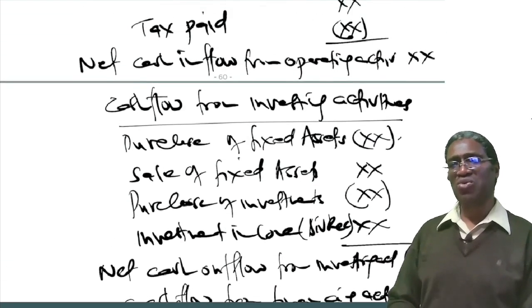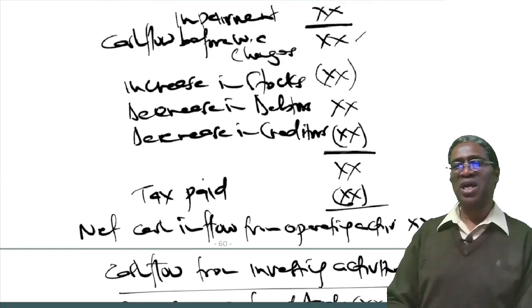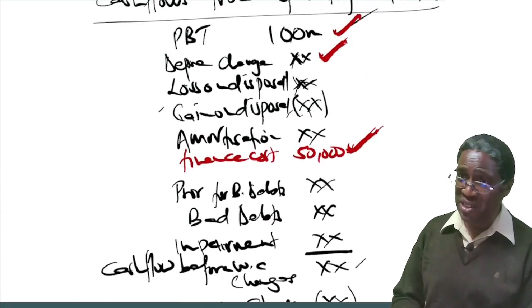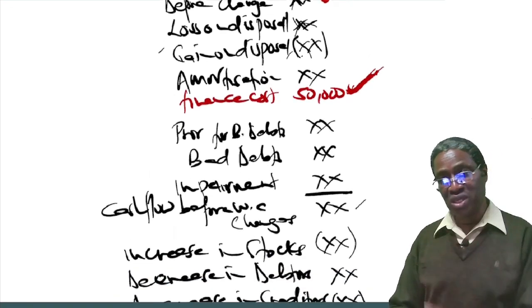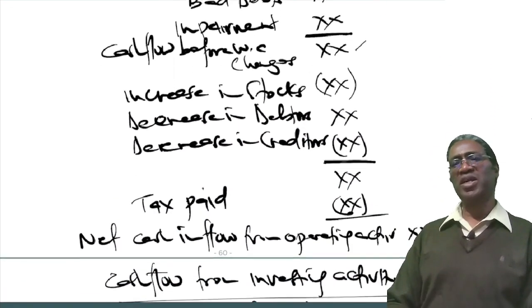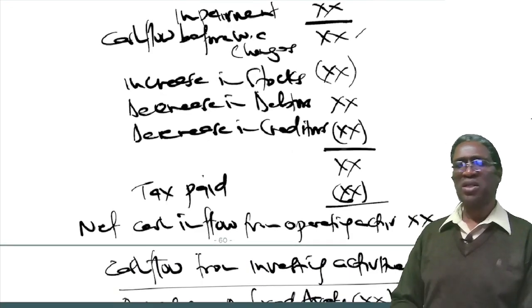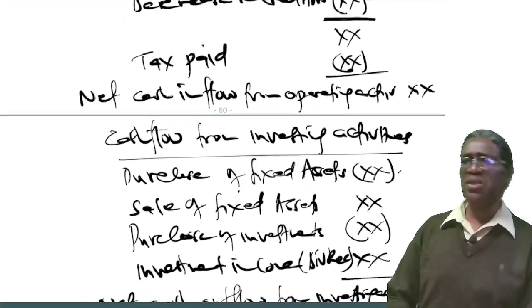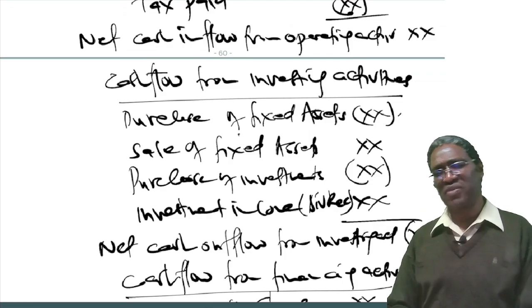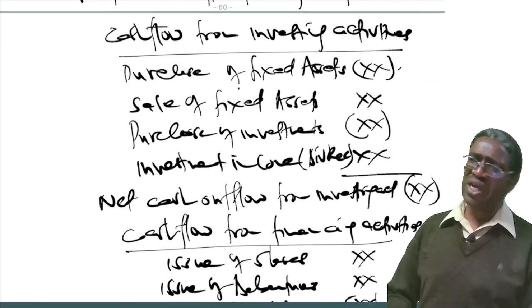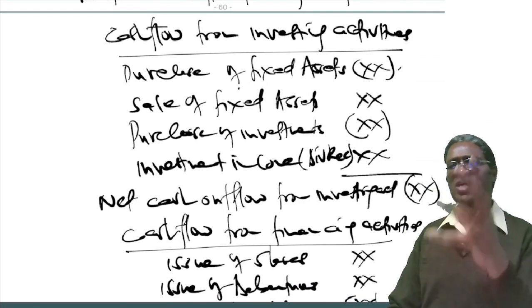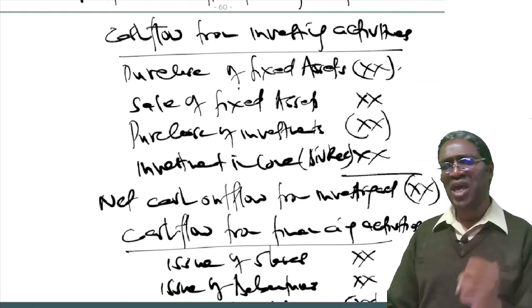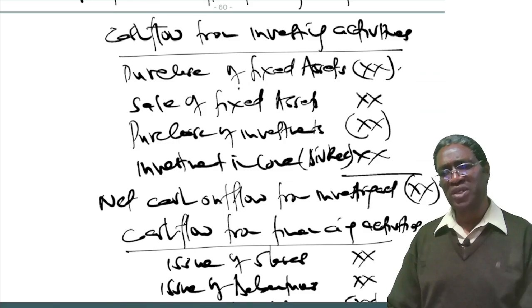I've discussed how to identify the cash flows from operating activities, of course, taking the profit, adjusting it for the non-cash items, then incorporating the working capital items, then you minus the tax paid. Then you come to investing activities, any changes in fixed assets. I've given examples like purchase of fixed assets, sale of fixed assets, purchase of investments, and any investment income.